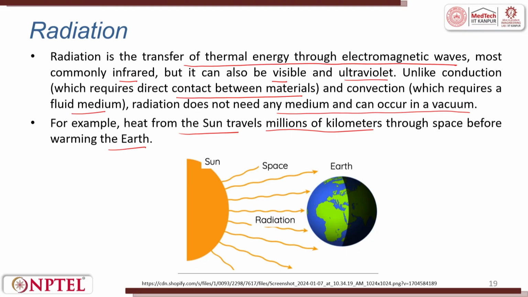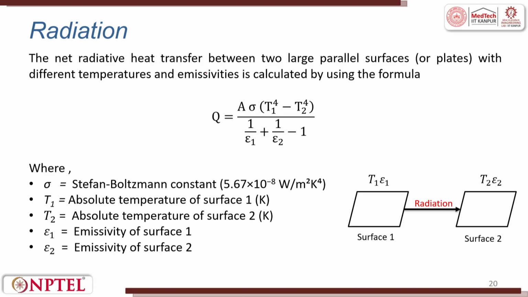Regarding radiation, the net radiative heat transfer between two large surfaces or plates with different temperatures and emissivities is calculated by this formula. We say large plates because we need the heat transfer to happen through radiation.